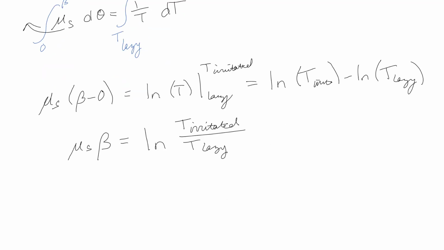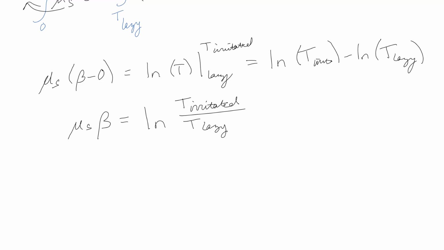And for my final act of valor, that means e to the mu_s beta is equal to T irritated over T lazy.